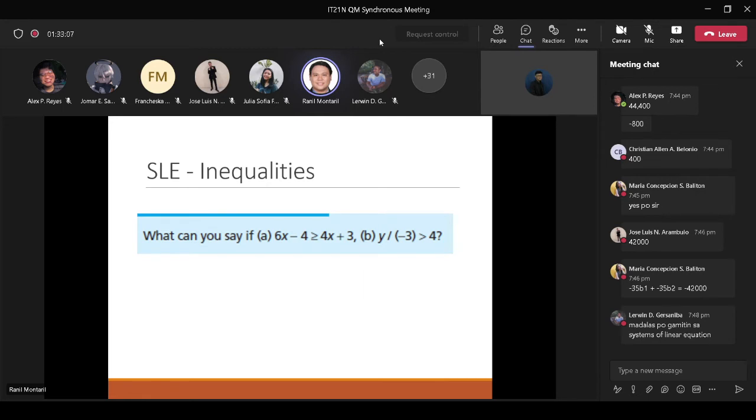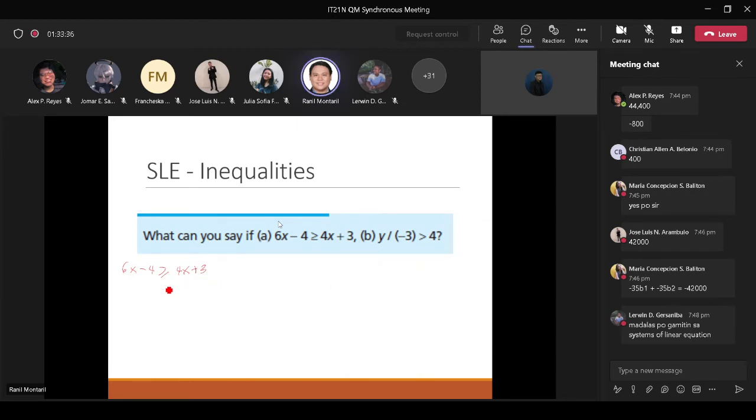So we have here an example. What can you say if 6x minus 4 is greater than or equal to 4x plus 3? Basically, what are the values of x that will satisfy this expression? We just solve it the way we solve normal equations.